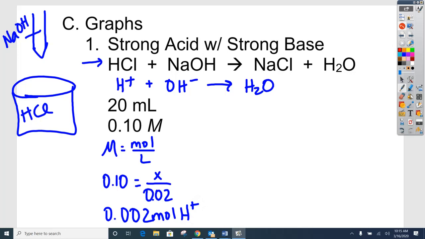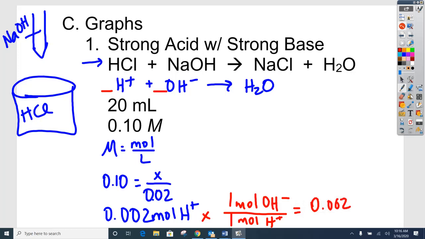I can then look back at the coefficients from my balanced equation and convert hydrogen ions to hydroxide ions. So this would give me 0.002 moles of hydroxide ions needed to react with the H+, to use up all of the hydrogen ions.